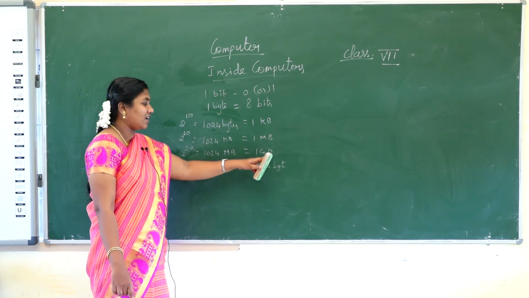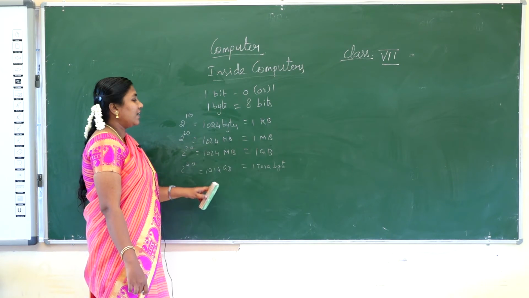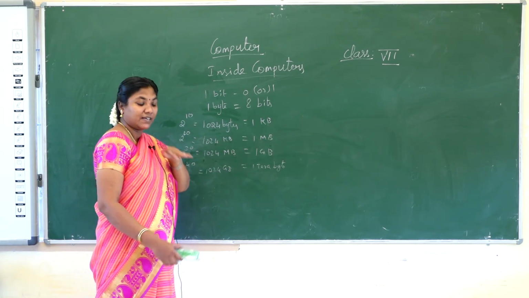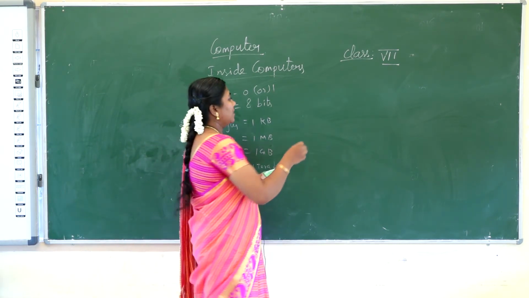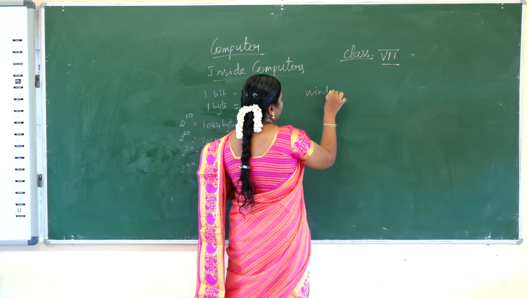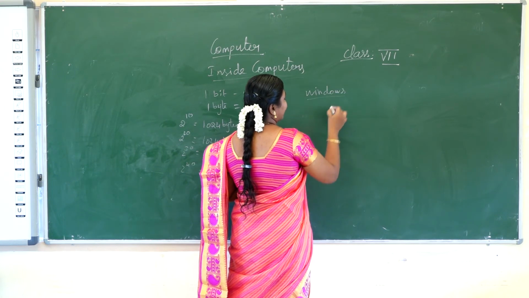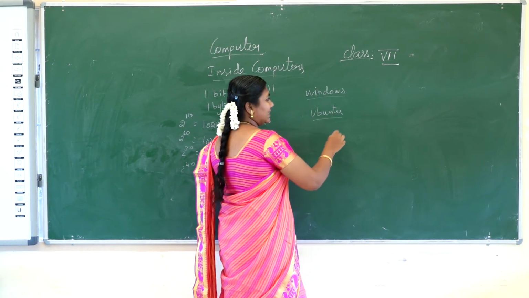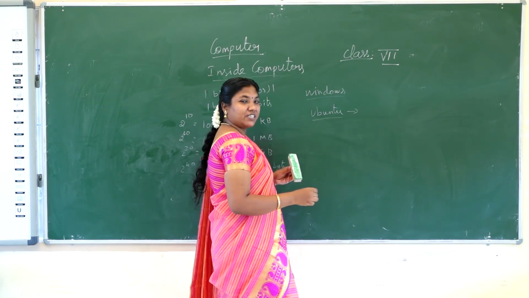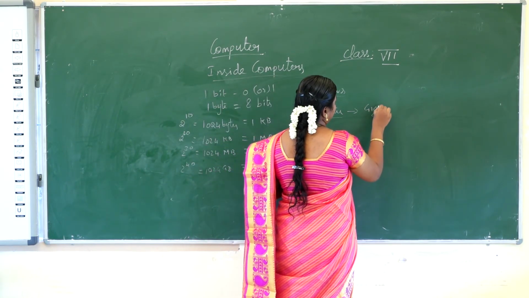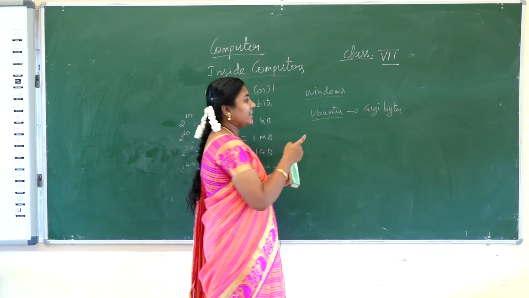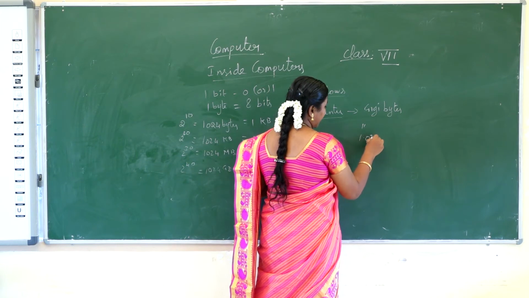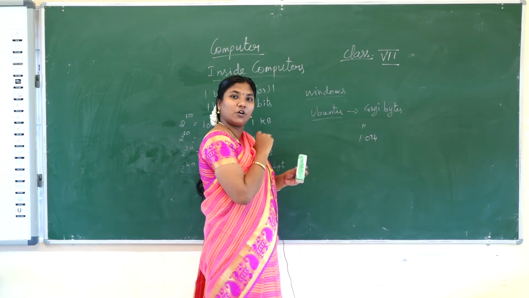So what do you mean by gigabyte? You must have known today. And next, do you know about Windows? Yes, Windows is the OS. You might know Windows, but there is another OS named Ubuntu. In Ubuntu, the memory capacity is measured differently. Here it is called gigabytes, and there it is called gibibytes. In Windows it is 1024, no?